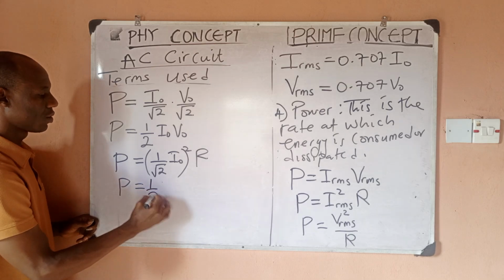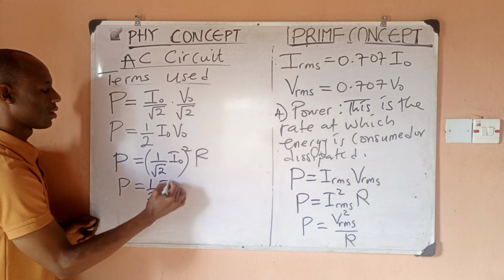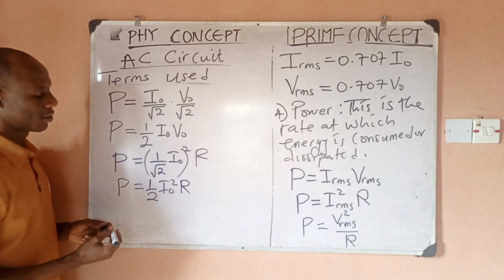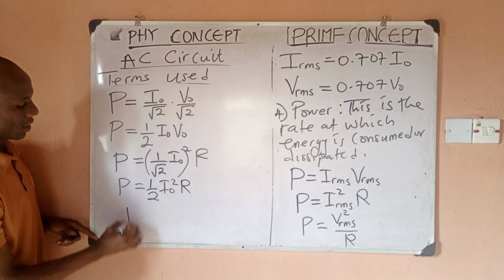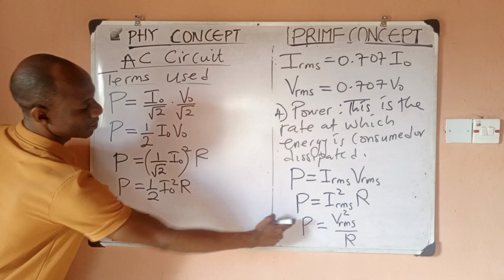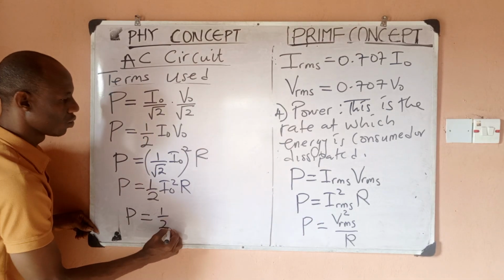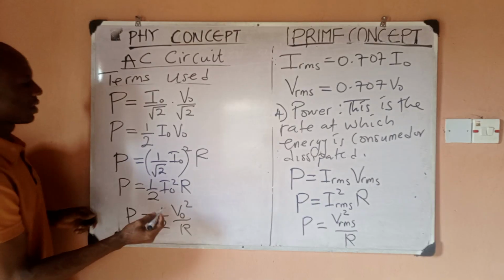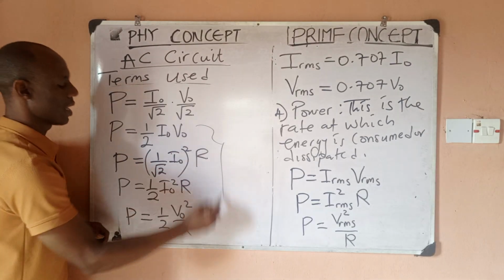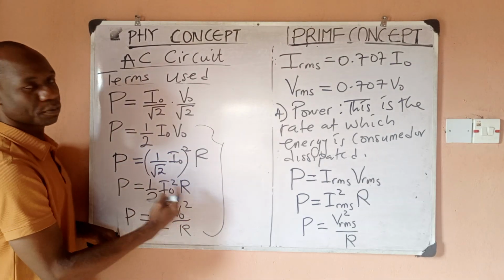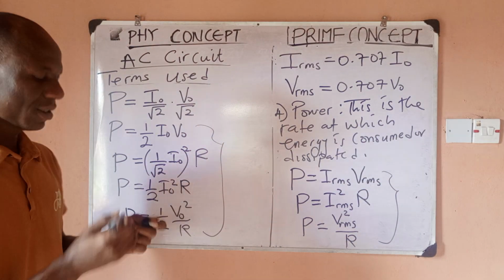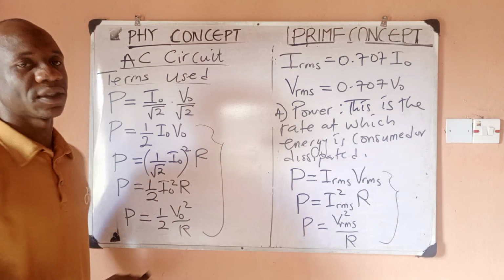So I'll have 1 over 2 I naught squared, because the square would affect I naught, then times R. So without solving, the third one should actually be the same thing: 1 over 2 V naught squared over R. So these are relationships we can have for power. These are in terms of peak values, and these ones are in terms of what? RMS values. So I believe that this concept is clear.